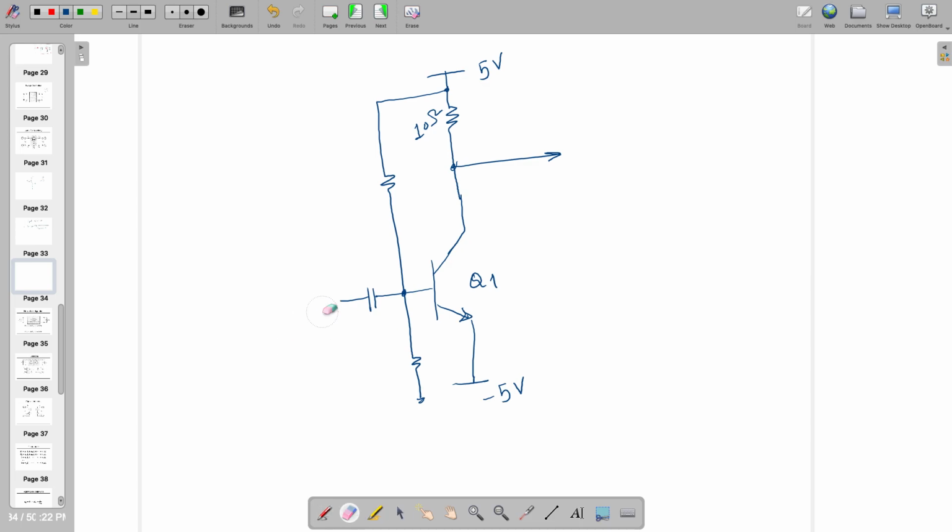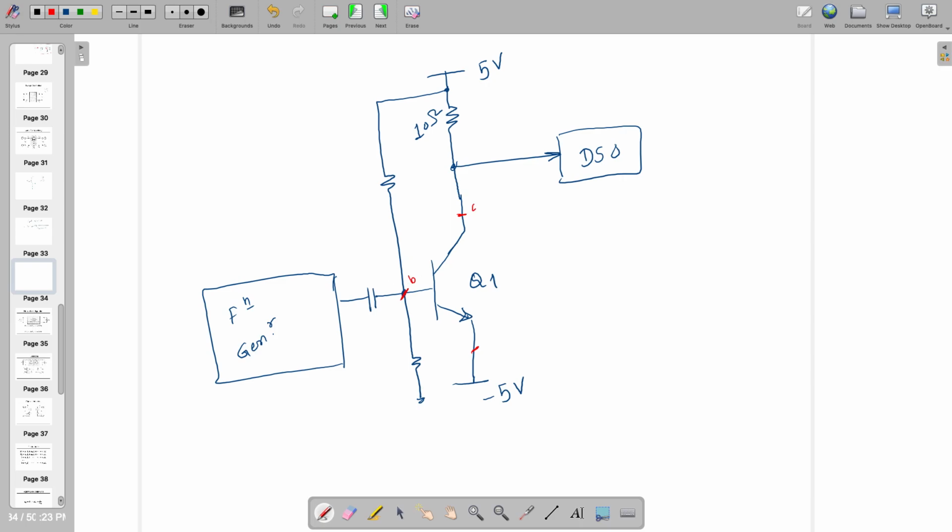I'm connecting this to a function generator. This is what you have done, right, in your laboratory? Okay. So there are three terminals here in this transistor, right? So by the way, this is called base, this is called collector, this is called emitter, right?